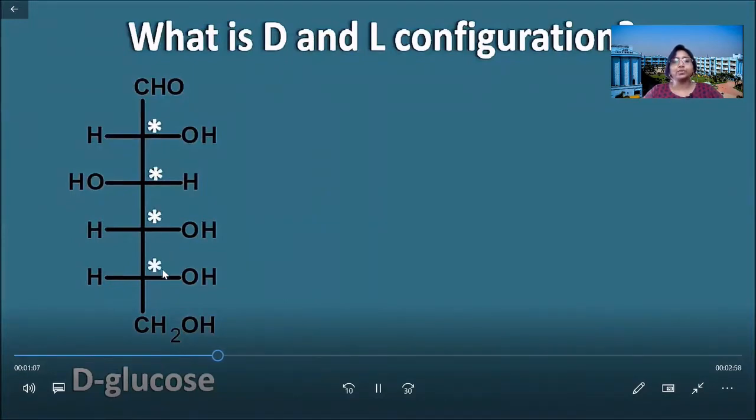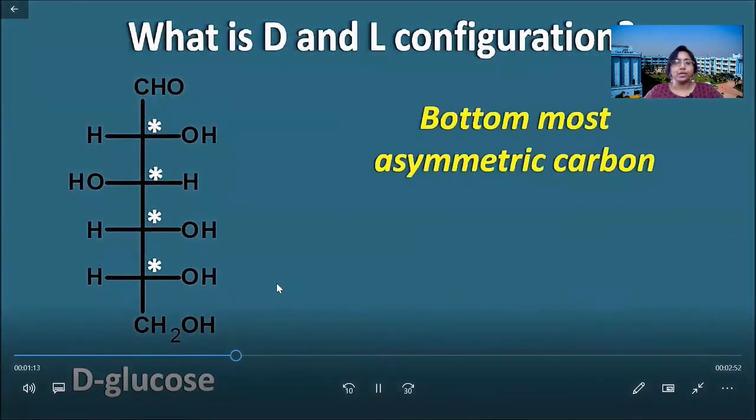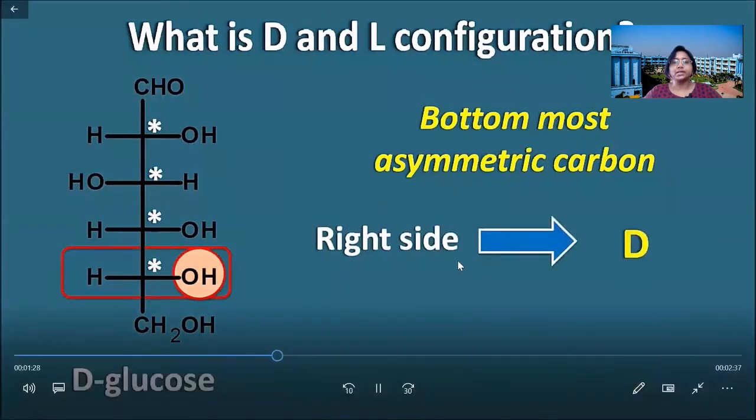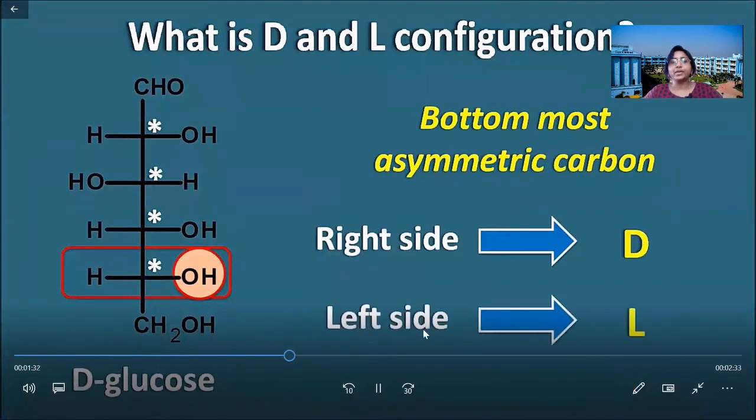And we have to consider the bottommost asymmetric carbon. Now look here, that OH group is on which side? If it is at the right side, it is called D configuration. If it is at the left side, that is called L configuration.